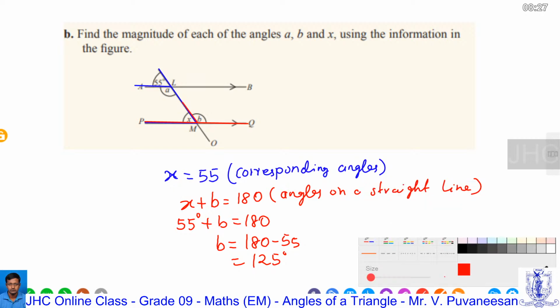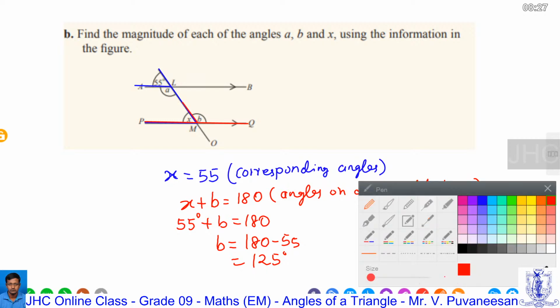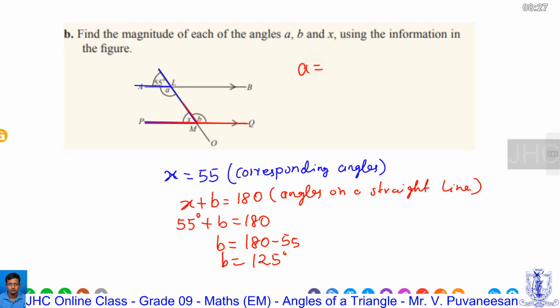So I write A equal B, alternate angles. So A is equal to, sorry, 125 degree. We already found the B, so we can put 125.